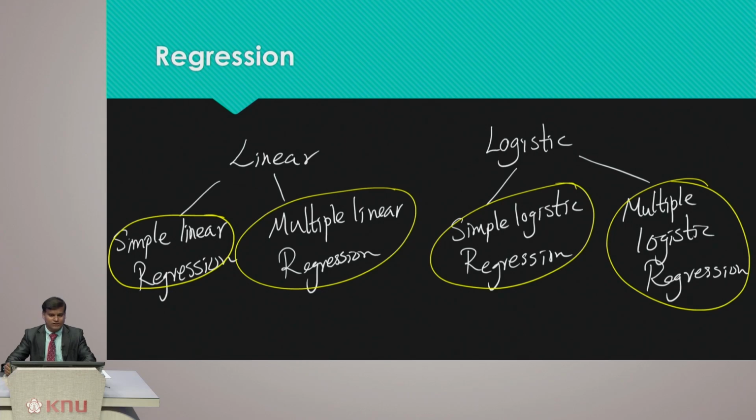And comes the logistic regression. They again have simple logistic regression and multiple logistic regressions. So we are going to focus on the linear regression part, and we'll see some examples on how to handle these regressions and how linear regression helps us to predict certain data.